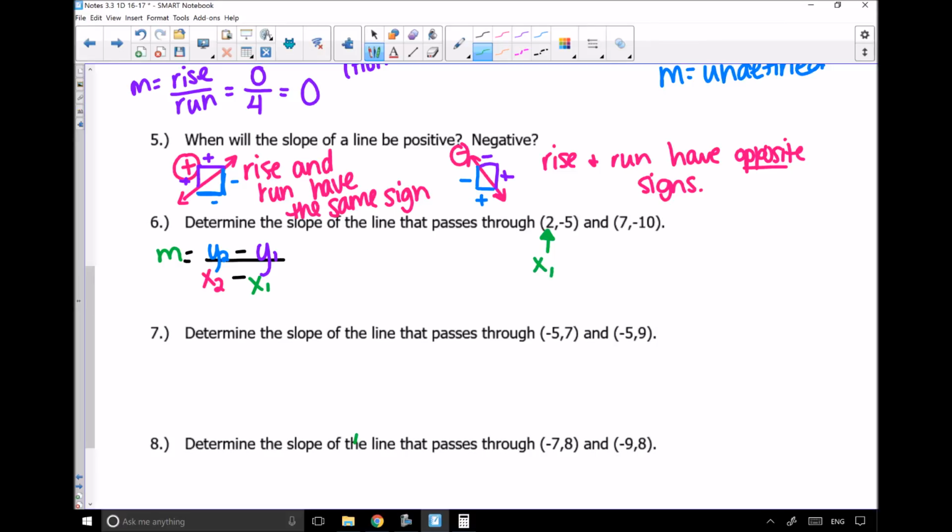Since that one's my first x value, then this -5 has to be my first y value, so I have to call this y1. Then when I take a look at this coordinate, this is the second x value, so we'll call this x2. And since this is my second coordinate, this is going to be called y2.